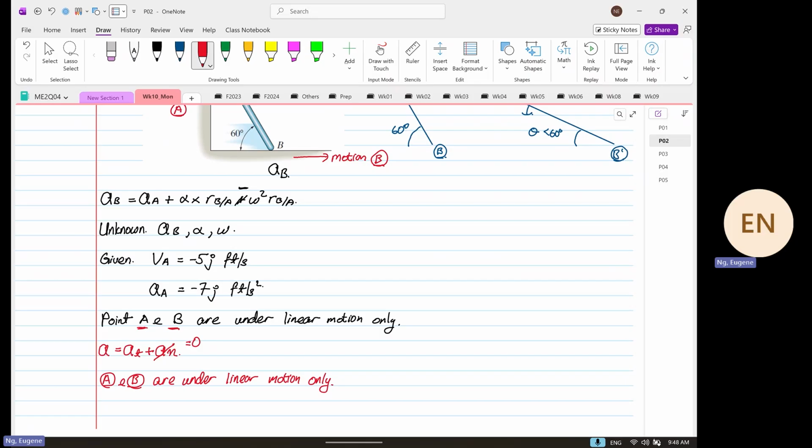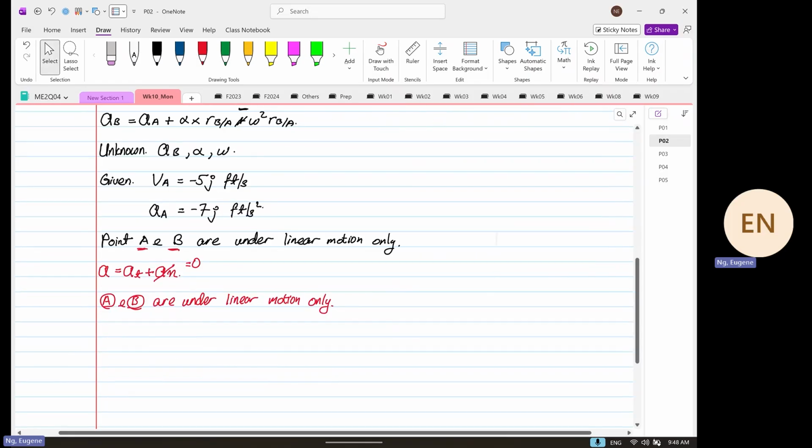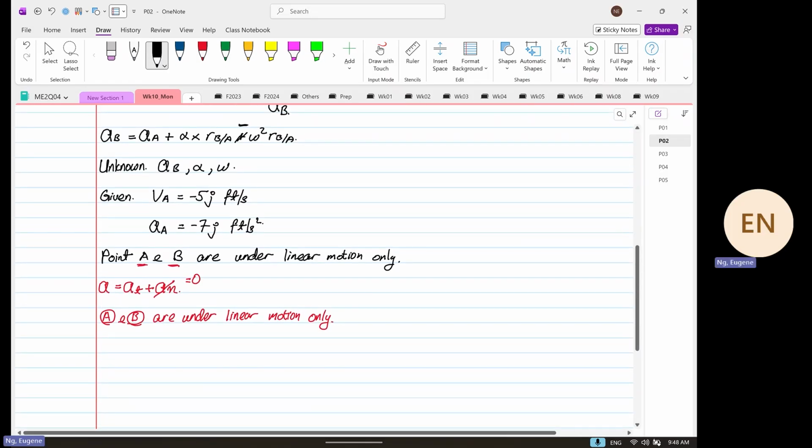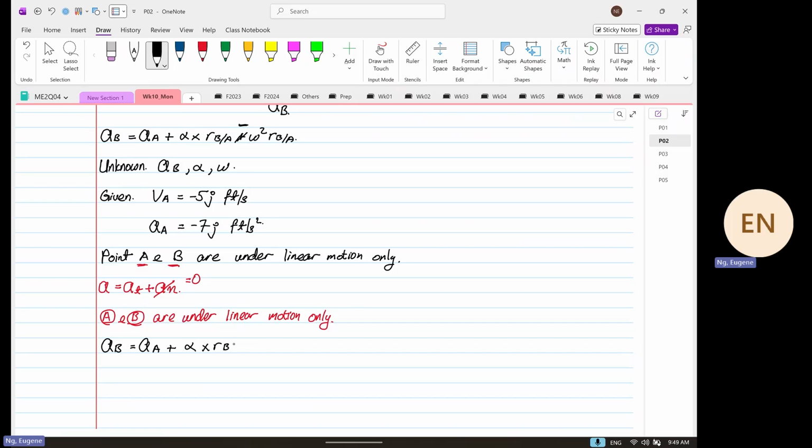Okay, so if we expand the term now, I'm going to expand: acceleration of point B is equal to acceleration at point A plus alpha cross R_B from point A minus omega squared R_B from point A. So now we are going to expand the term.